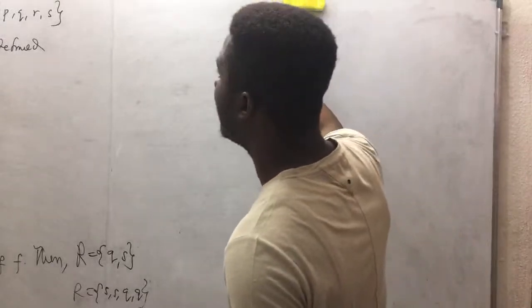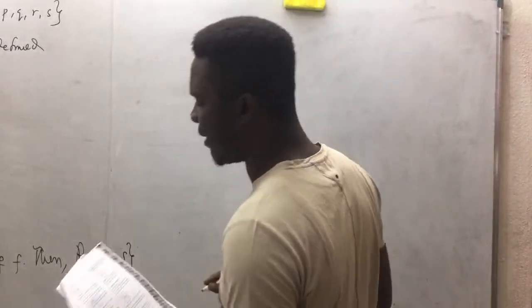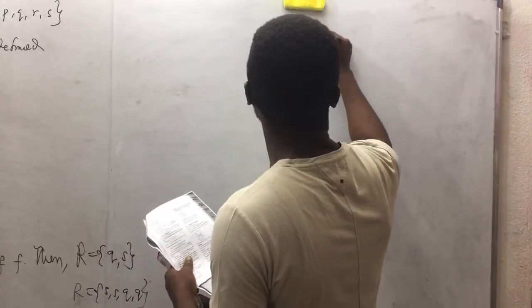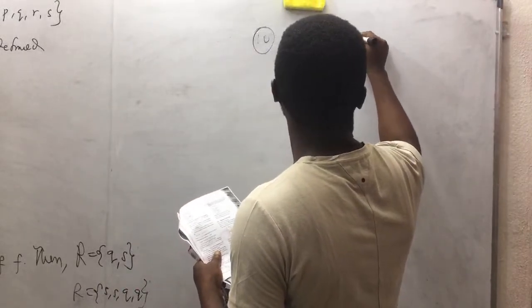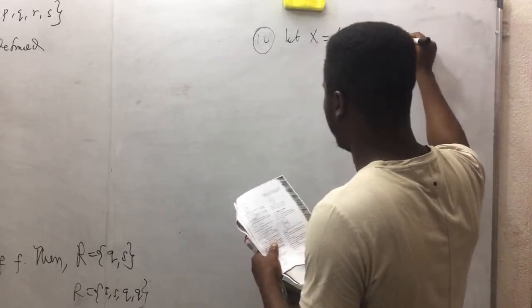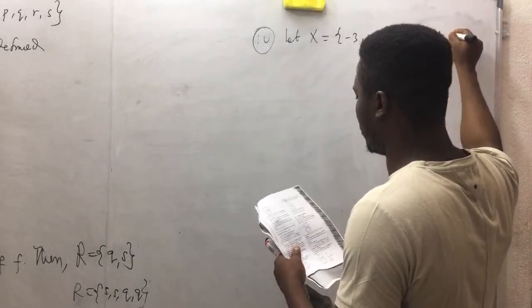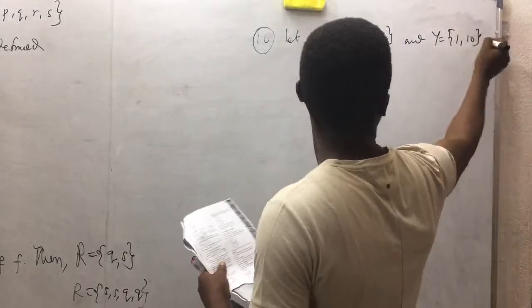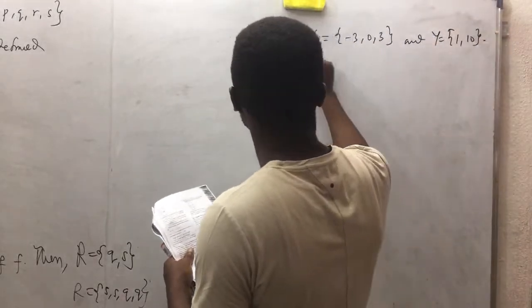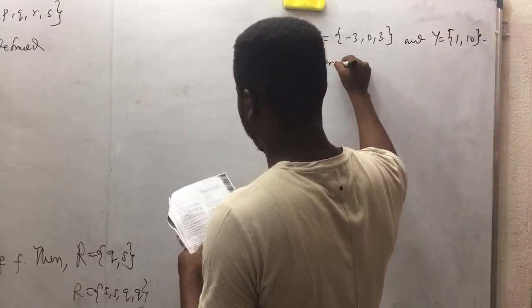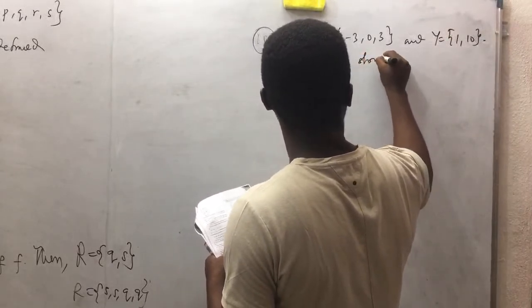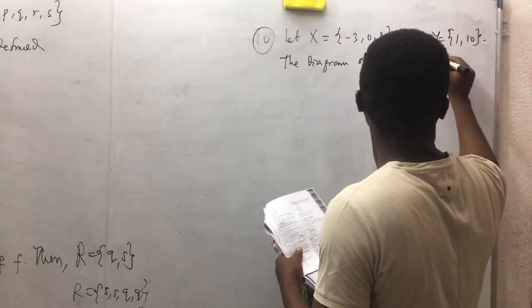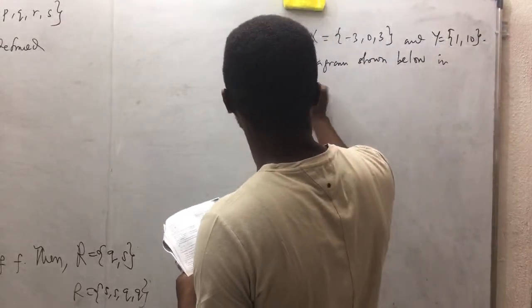So let's go to question 10, being our final problem for tonight. Question 10 says, let X be equal to {-3, 0, 3} and Y be equal to {1, 10}.